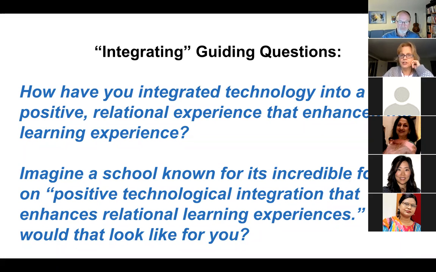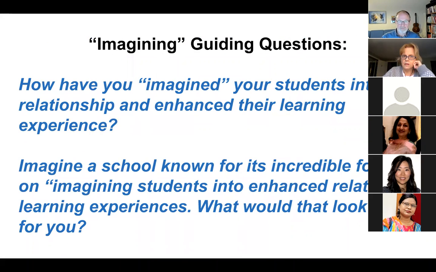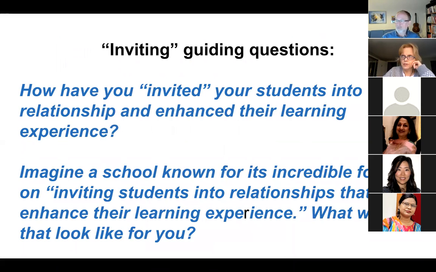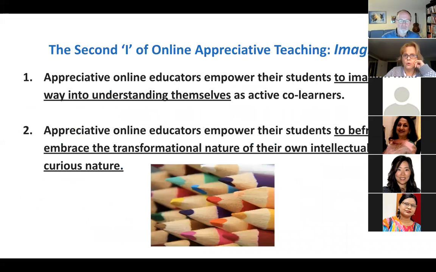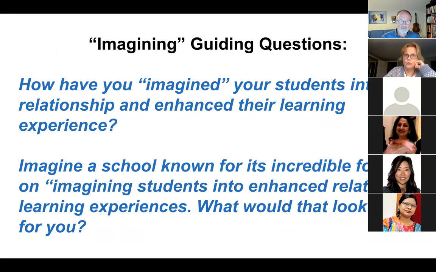If we could all take a minute to consider schools or universities, places of learning that are known for their inviting ways of relationship building that leads to learning, or a school or classroom where a teacher and educator is known for being able to do these things, to enhance student learning, just to see what co-learning looks like. What would that look like? How could we make this?